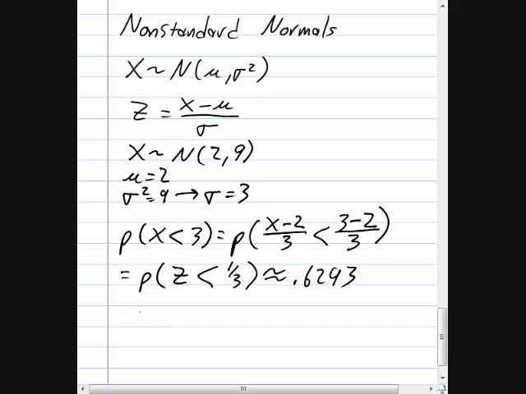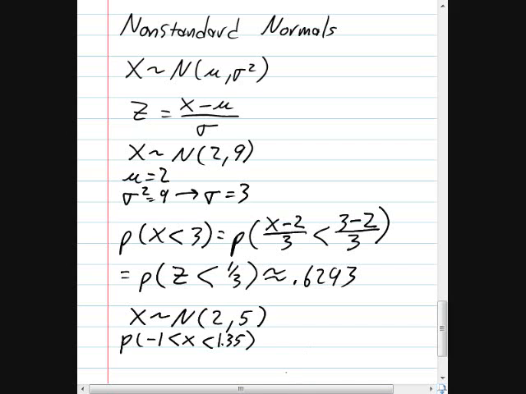Let's try another example. Suppose x is distributed as a normal random variable with mean 2 and variance 5. Then what's the probability that -1 is less than x is less than 1.35? Why don't you try to convert this to the equivalent standard normal question?